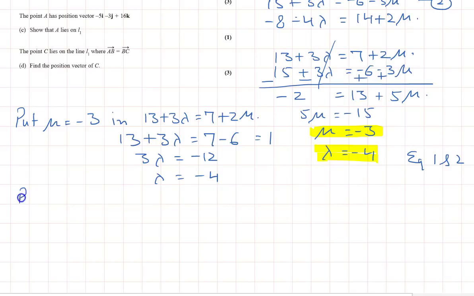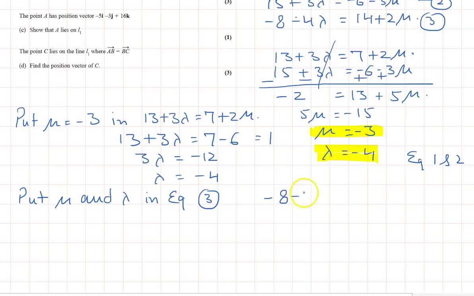Now let's put mu and lambda in equation 3. So that is our third equation. That is minus 8 minus 4 lambda is equal to 14 plus 2 mu.